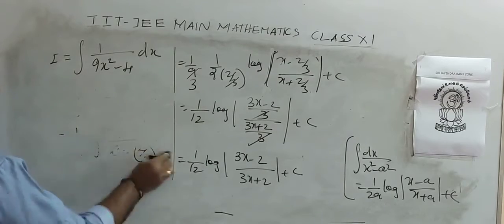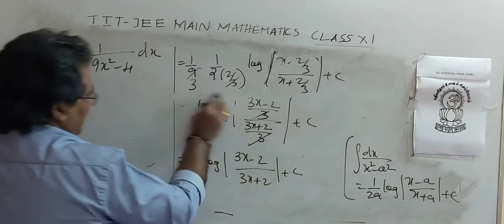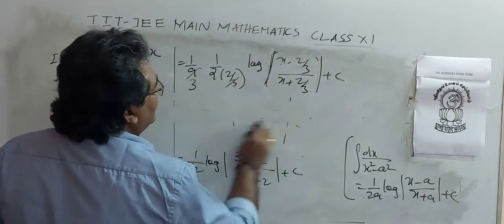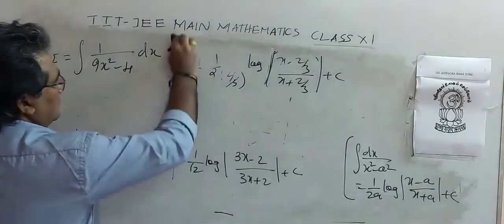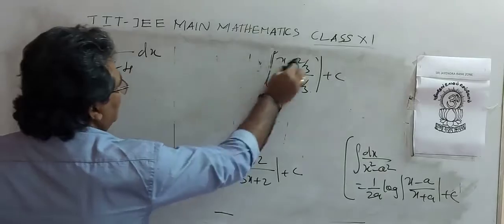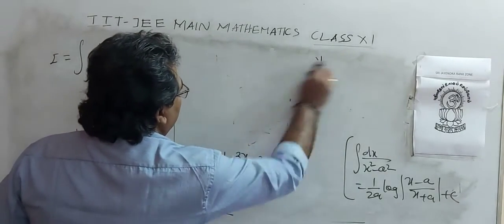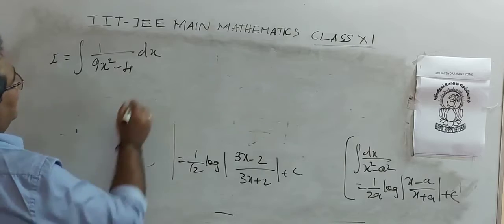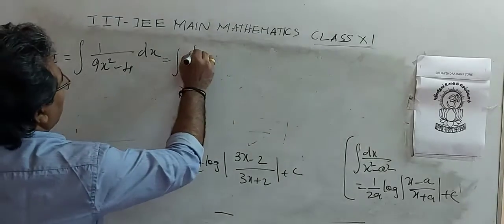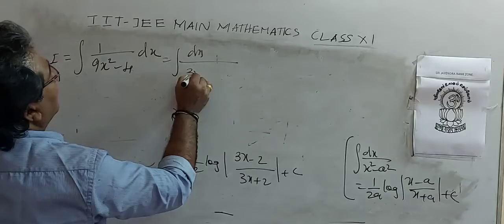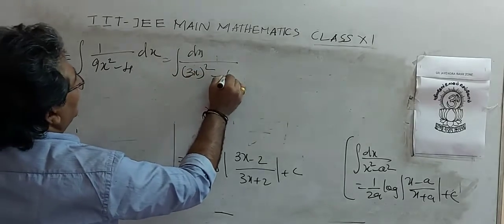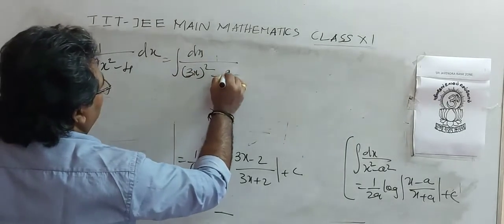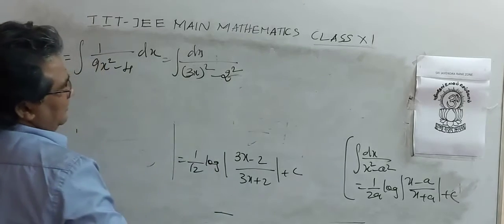The same result can be obtained using another method. See, this can be written as dx by (3x) whole squared minus 2 squared.